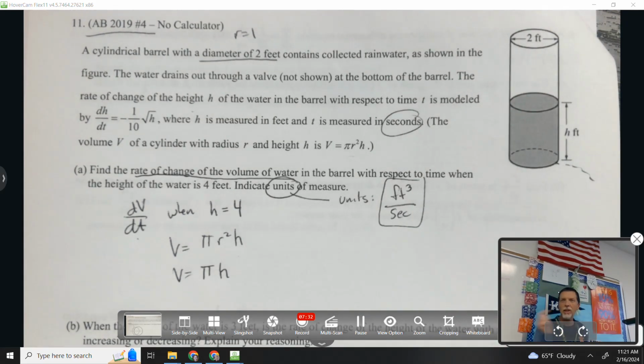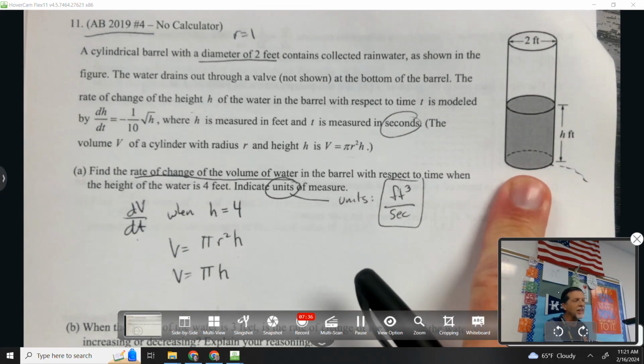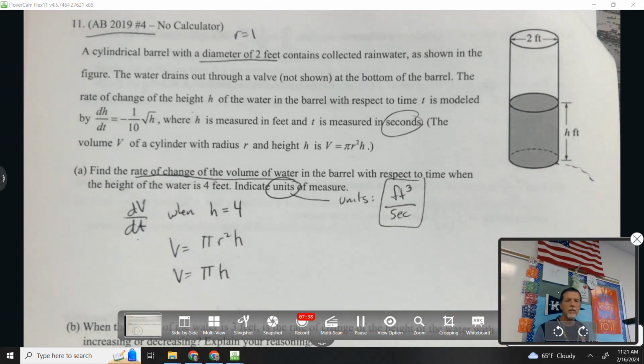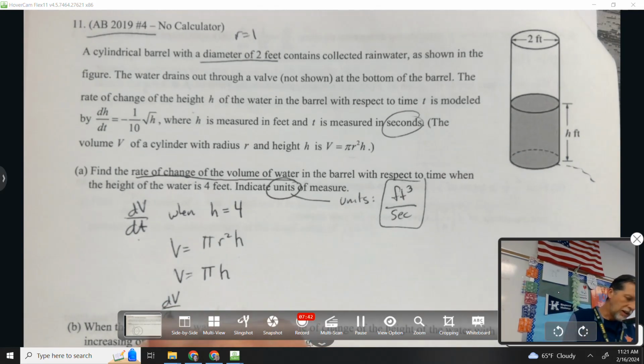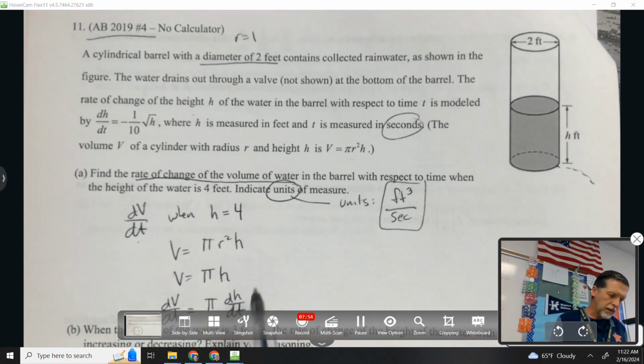So that means I can plug in R for this situation. R is a constant. R is 1. So dV/dt is equal to pi times dH/dt. Okay, but I don't know dH/dt.